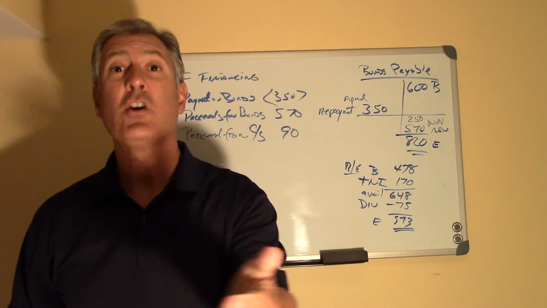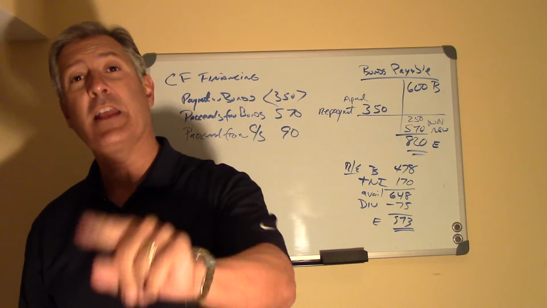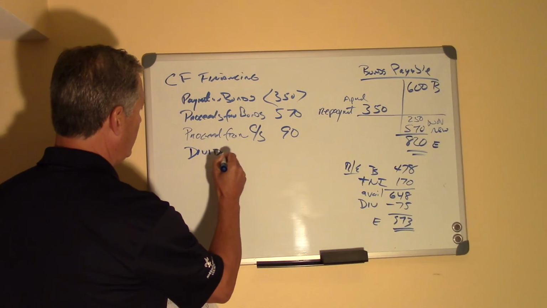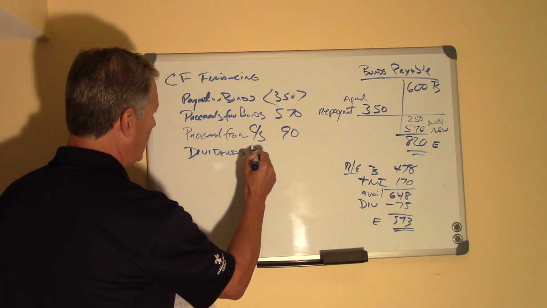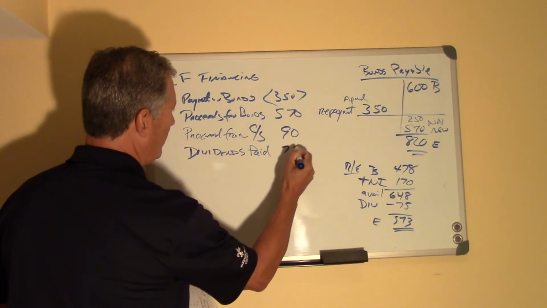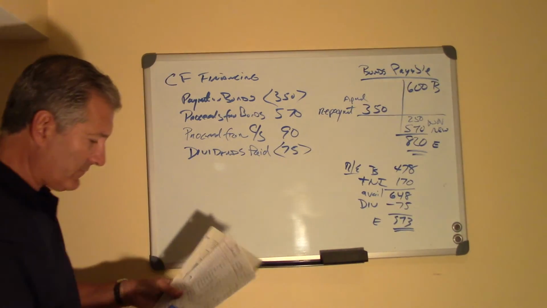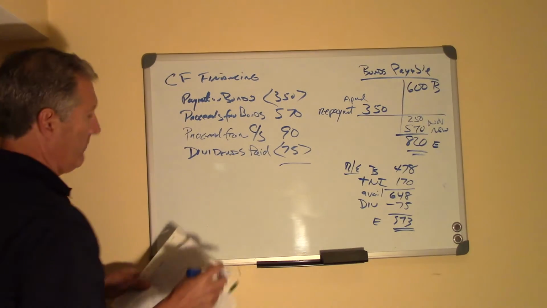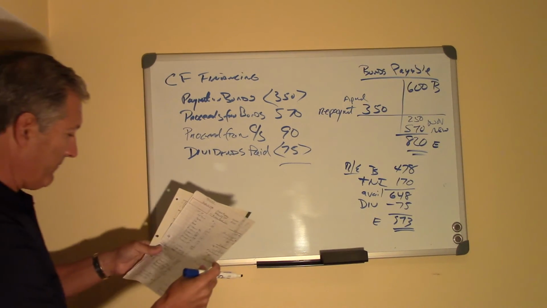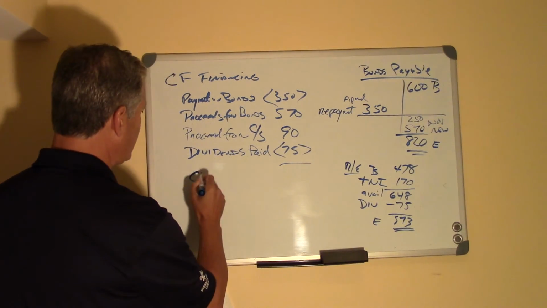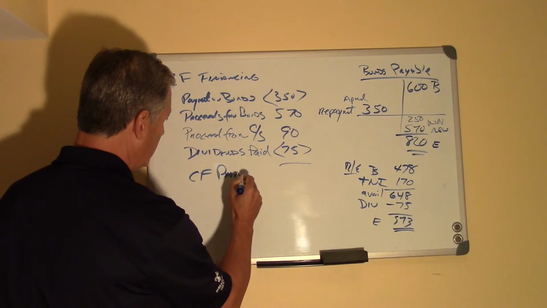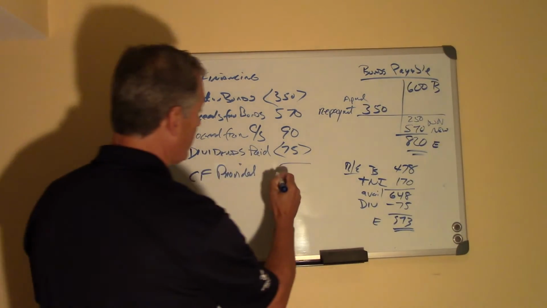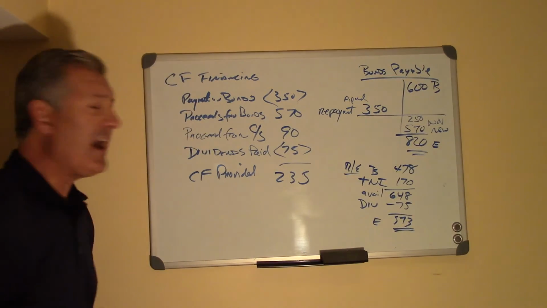Debit dividends, credit cash. A cash outflow. Dividends paid, $75,000 negative number. What's going on here? Cash flow provided from what? Financing activities? 235, right?